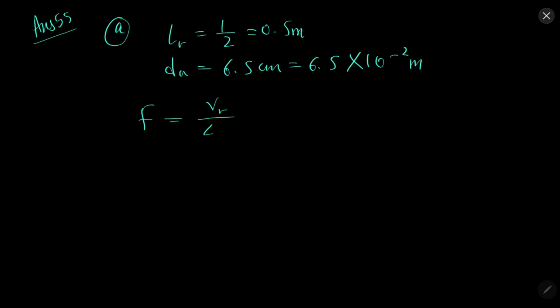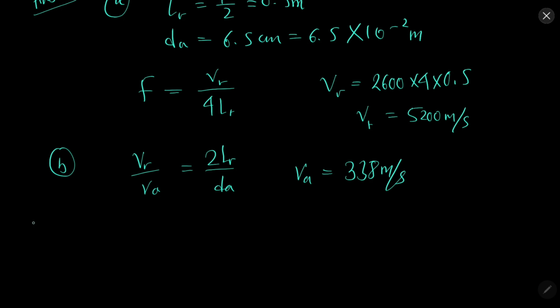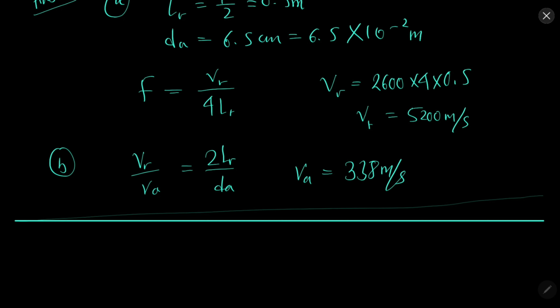Frequency is VR over 4LR. It will be VR equal to 2600 into 4 into 0.5, which will give us 5200 meter per second. This is in steel, and in air we can find through this formula. In air we will be able to find the velocity to be 338 meters per second.